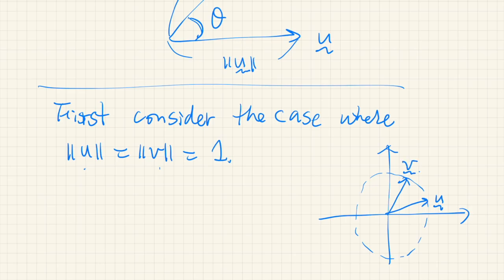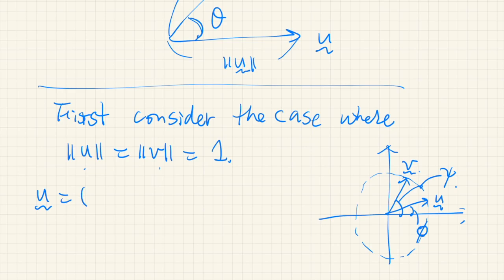Okay. And let's say the angles of these vectors from this horizontal axis are phi and psi. Let's say this is phi and this is psi. And since these two vectors reside on the unit circle, we can write their components like this.